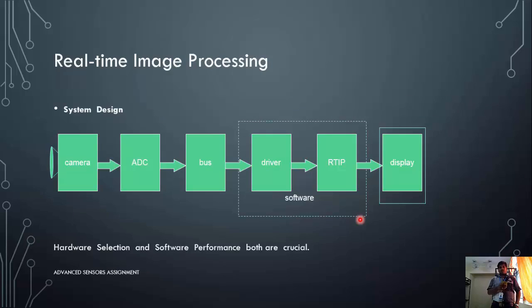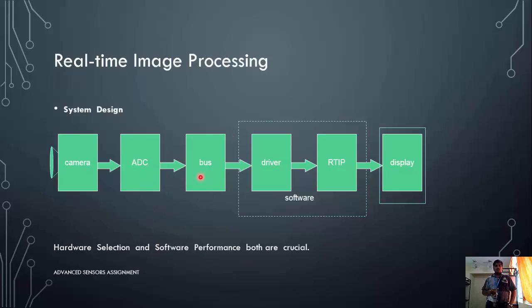How do the signals pass from the camera and give outputs as video signals? Here you can see the camera receives the signals and converts them from analog to digital through the ADC, analog to digital converter, and sends the signals to the data bus.